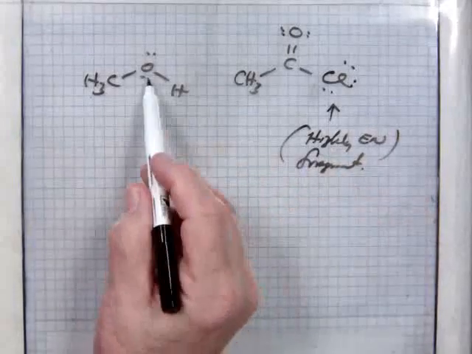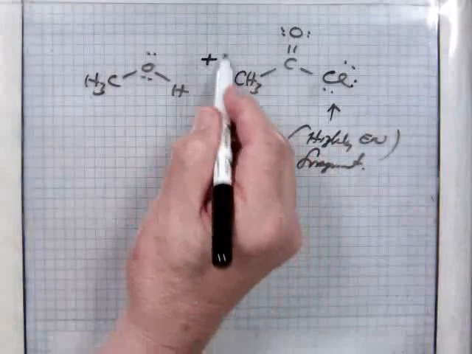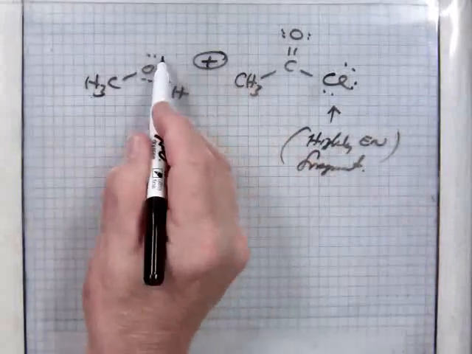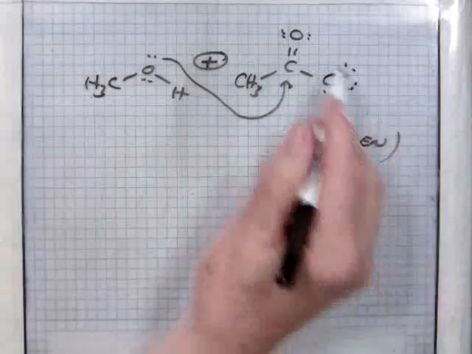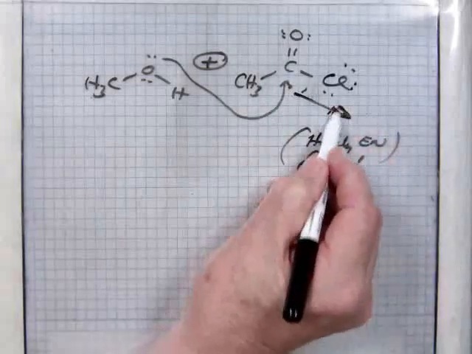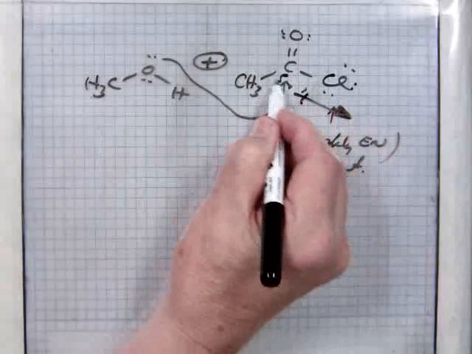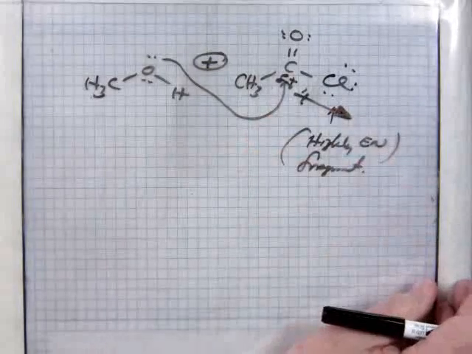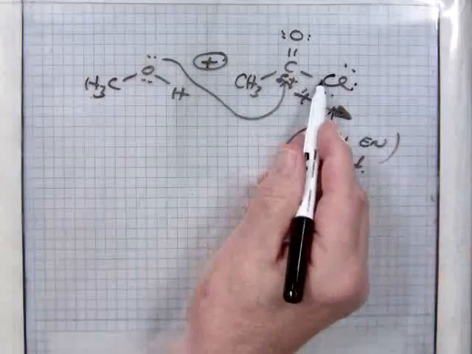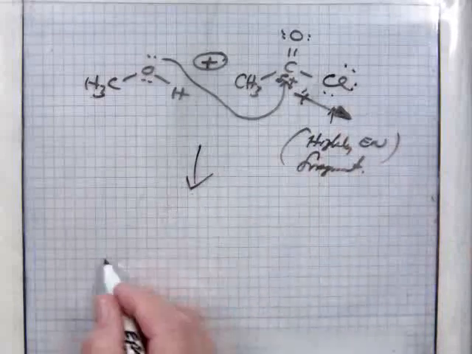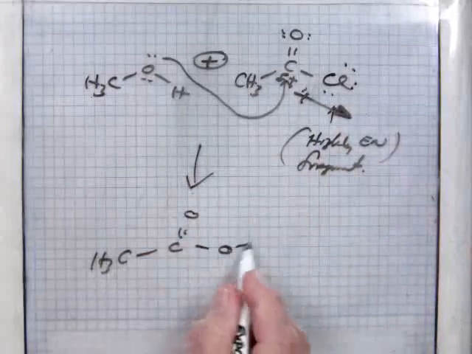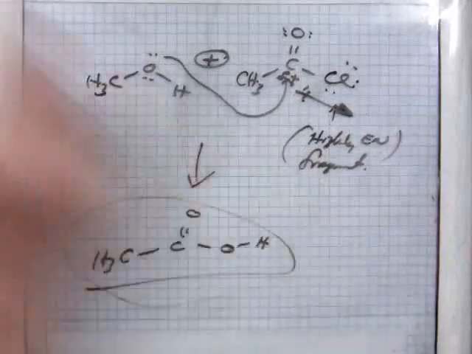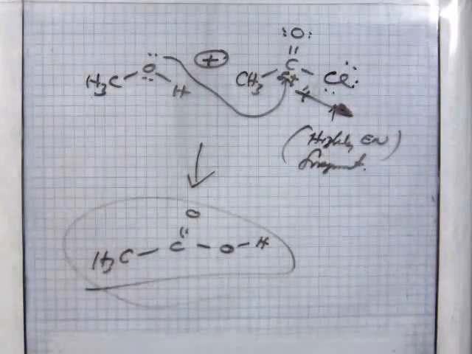And so if I mix these together, this electron pair is going to go right there, because that is a very electronegative bond. It's going to leave that positive right there. And so when that happens, this thing goes to this. And you have acetic acid from the acetyl chloride.